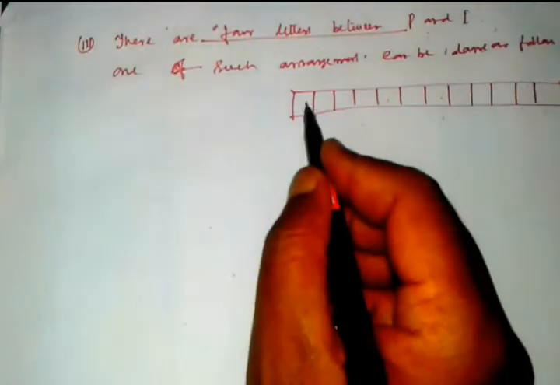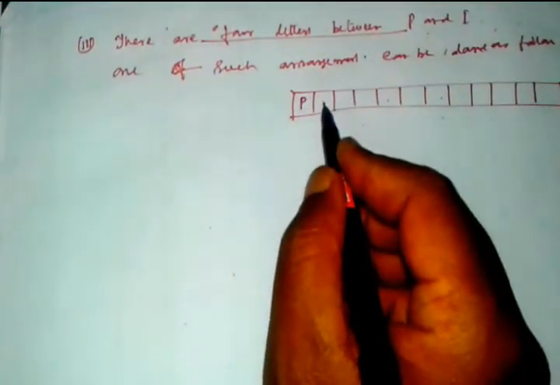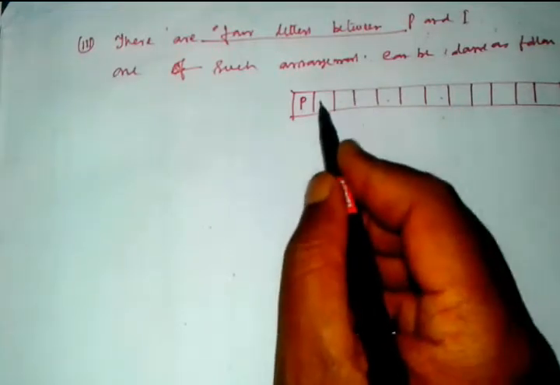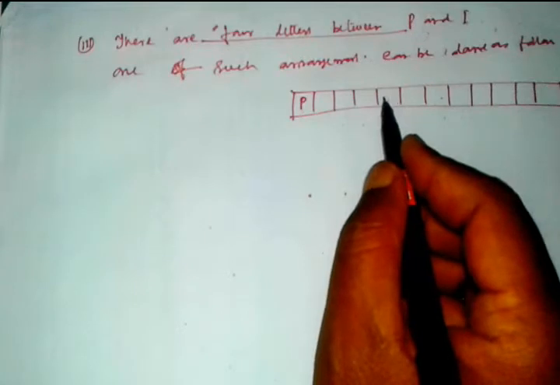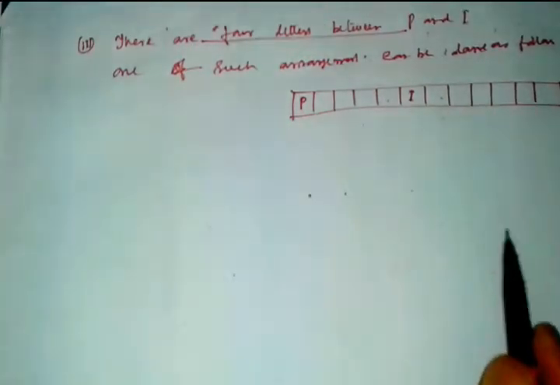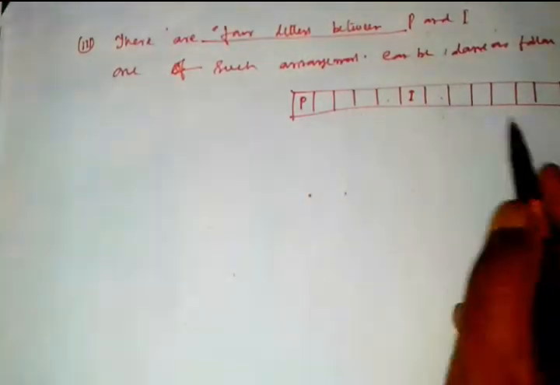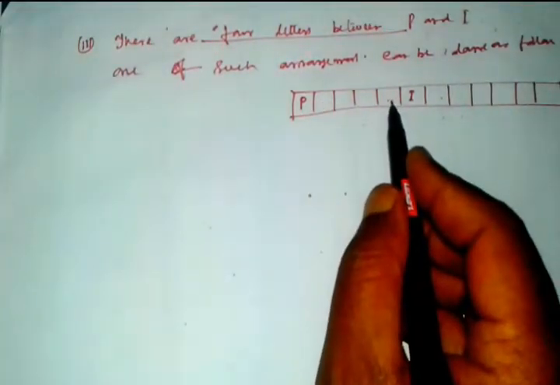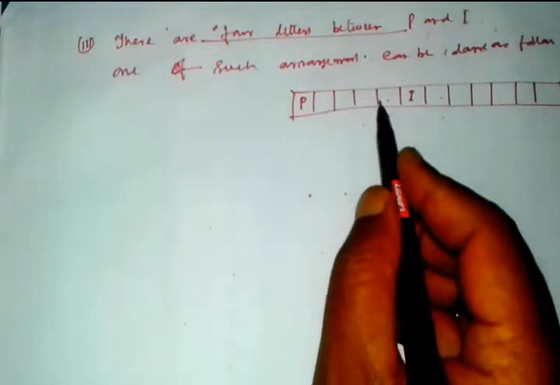P, then 4 other letters between P and I, then I.